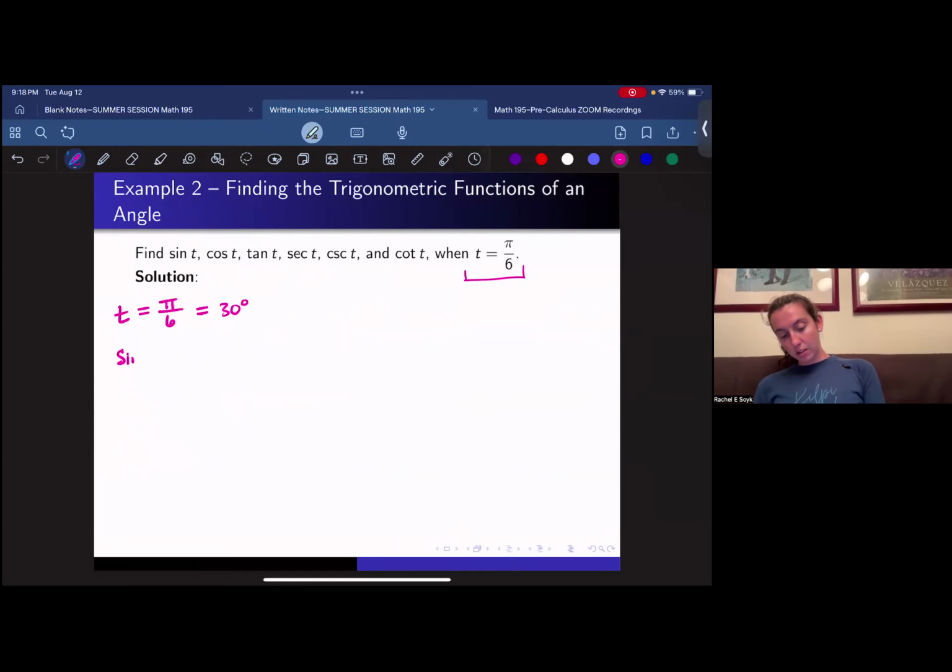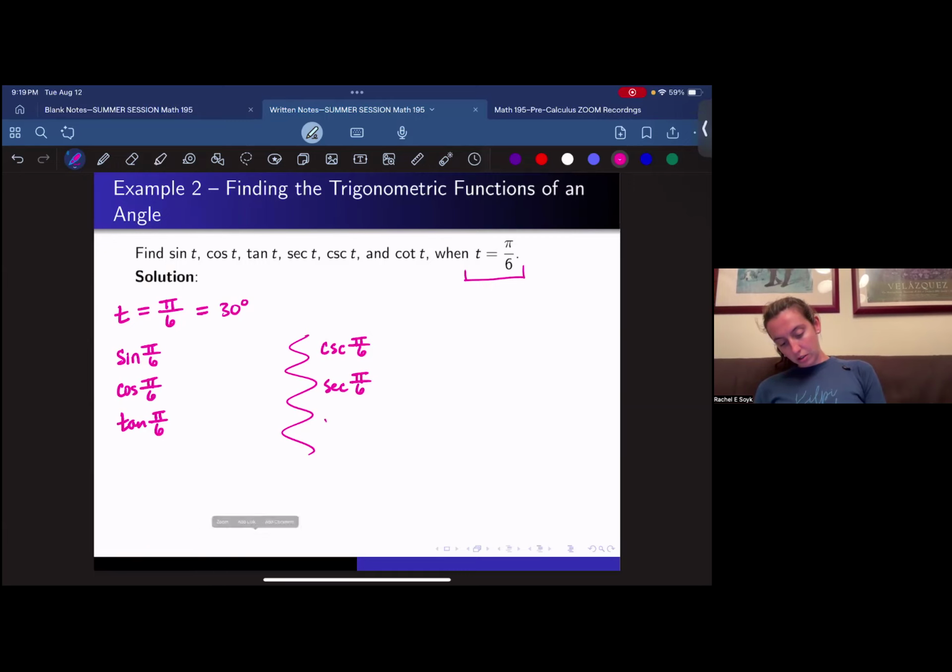And we're asked to find our sine of pi over 6, our cosine of pi over 6, tangent of pi over 6, and then the reciprocals. So our cosecant of pi over 6, secant of pi over 6, and cotangent of pi over 6, right?